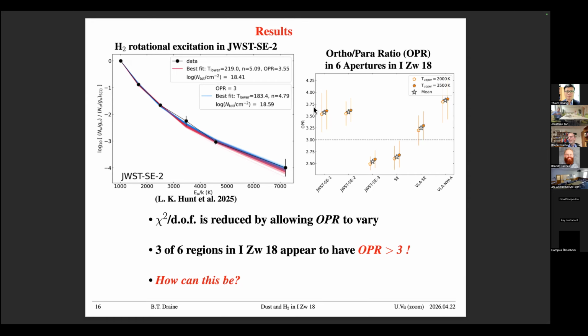And when you do that, the best fit value for this position is 3.55. Now with uncertainties. So this is position number 2 here. This shows you the uncertainties after doing various Monte Carlo samplings of the ortho-para ratio.